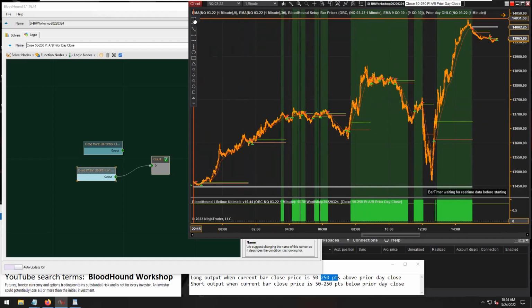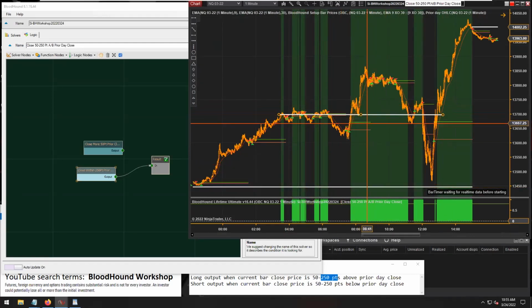So let's draw a little line. It looks like that's roughly our 250 points away from the prior close. But if you notice, we need to identify when the close is within this area, not outside this area.